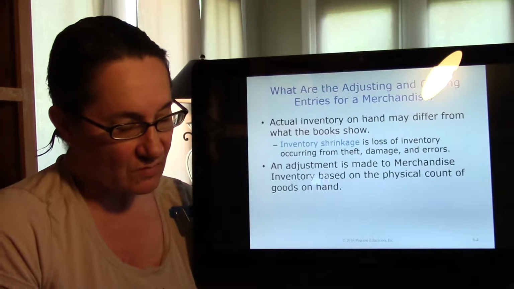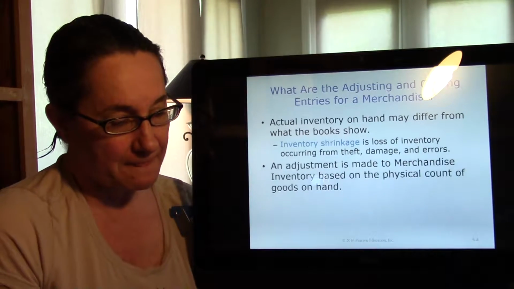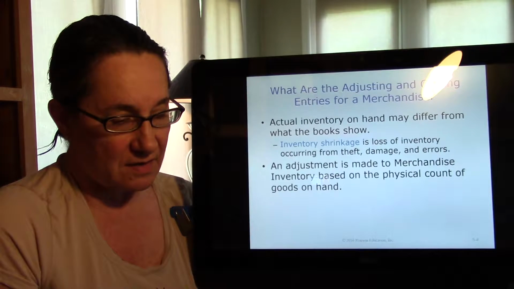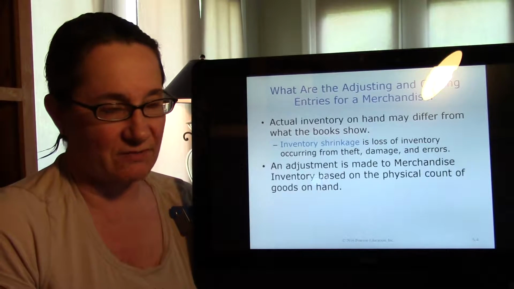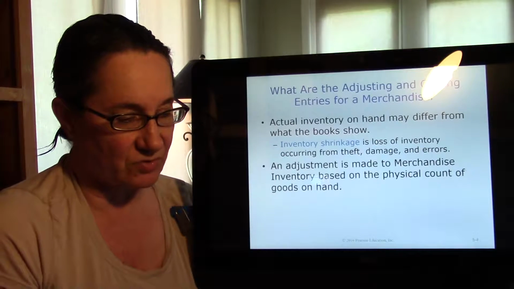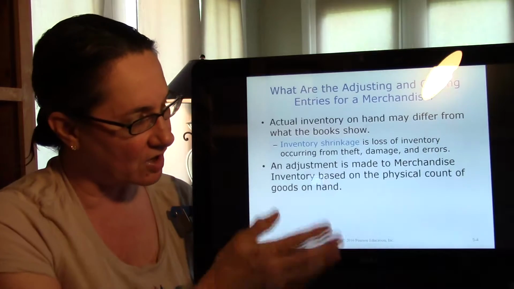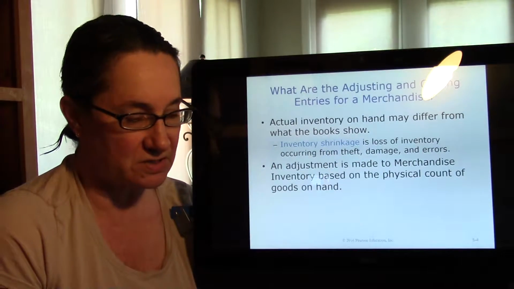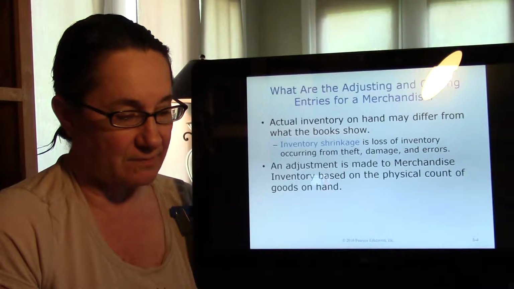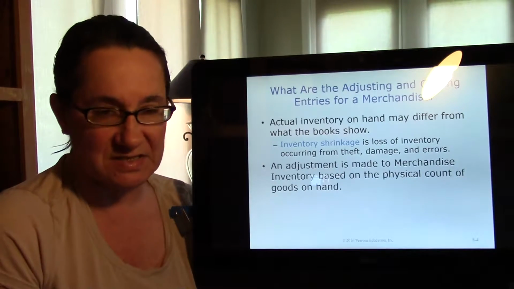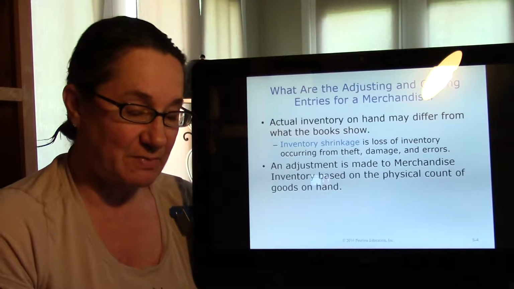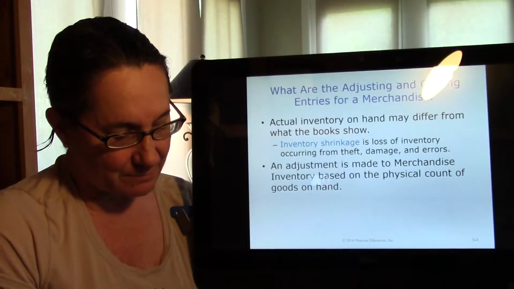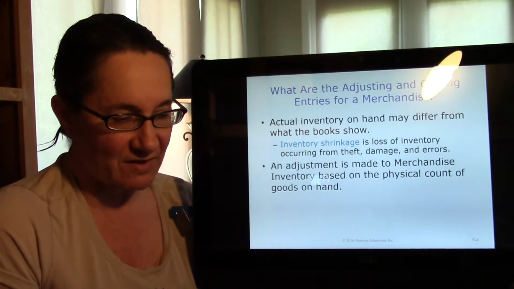So you'll debit that expense, whatever it is, and then you'll credit merchandise inventory to reduce merchandise inventory. Whatever you call your expense, I would say call it inventory shrinkage or merchandise inventory shrinkage expense, just to keep it separate from cost of goods sold. But some people might actually use cost of goods sold for that. We're not going to do a lot of that, but just know that you have to adjust your inventory.